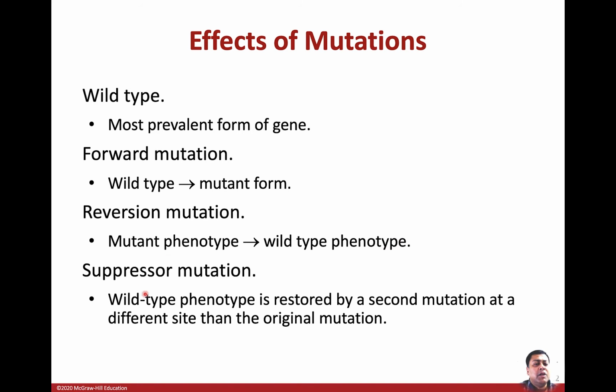On the other hand, a suppressor mutation is when the wild type phenotype is restored by a second mutation at a different site than the original mutation. So this is another type. Think about it the same way, where we have a site A and B. If the A site changed to an A prime site, that changed the color of the bacteria from yellow to red.